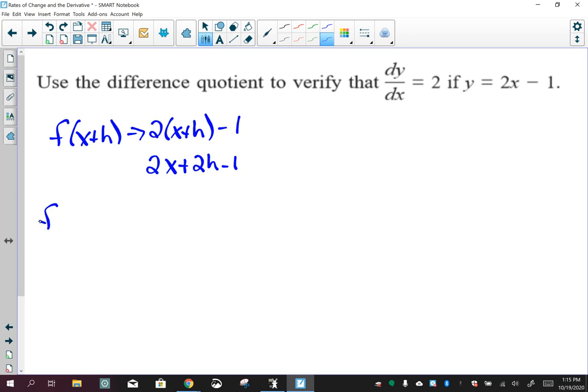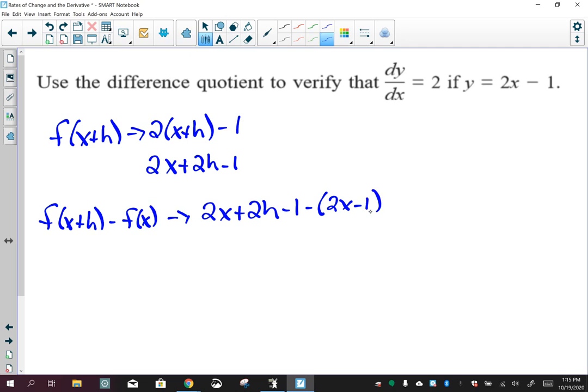So then we have f of x plus h minus f of x. So that is 2x plus 2h minus 1 minus 2x minus 1. That's 2x plus 2h minus 1 minus 2x plus 1.